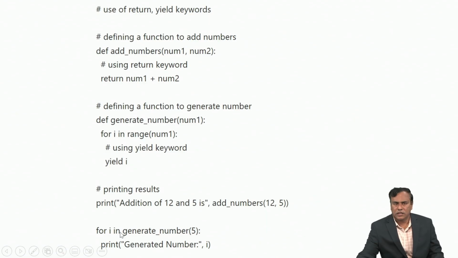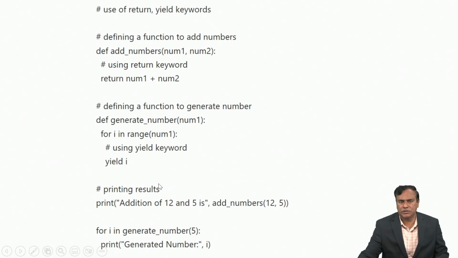Here from the print statement, I am making a call to this function, add_numbers. I am passing some values, 12, 5. So 12, 5 is going to get passed to add_numbers, and it is going to return the sum of 12 and 5, that is 17. So in place of this statement, that return value is going to get printed along with this message.